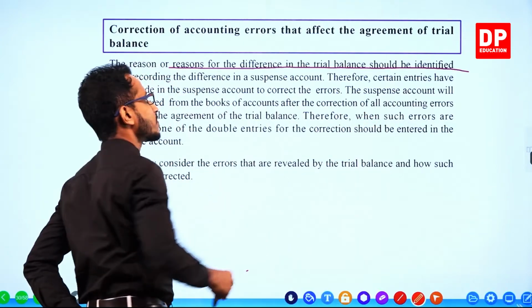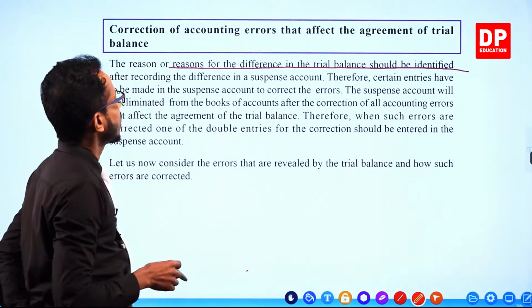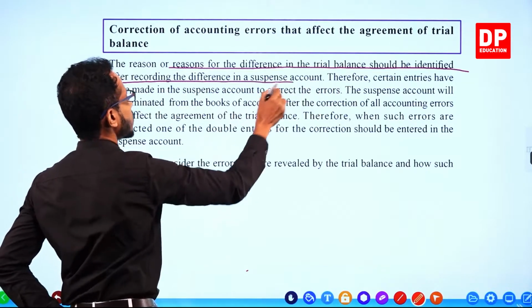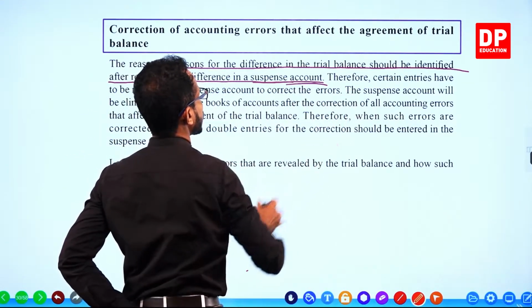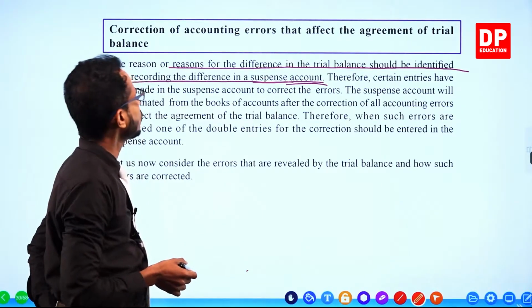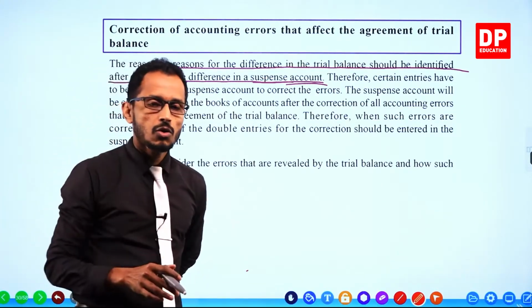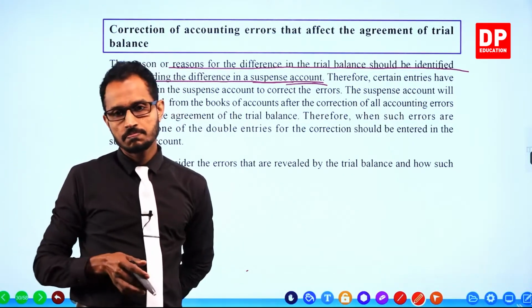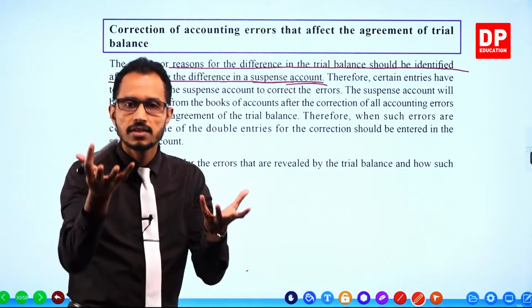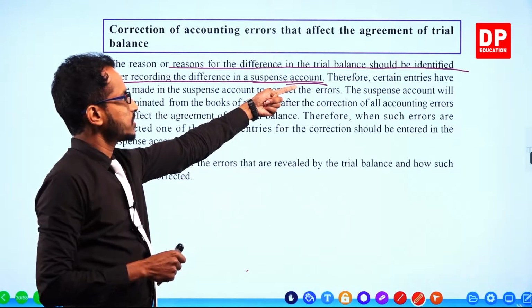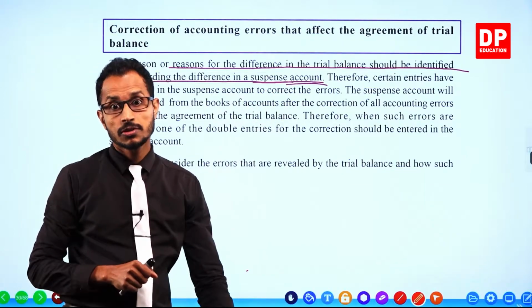After recording the difference in the suspense account, we must find out the cause or the reasons, one by one, which caused the difference which was recorded in the suspense account.